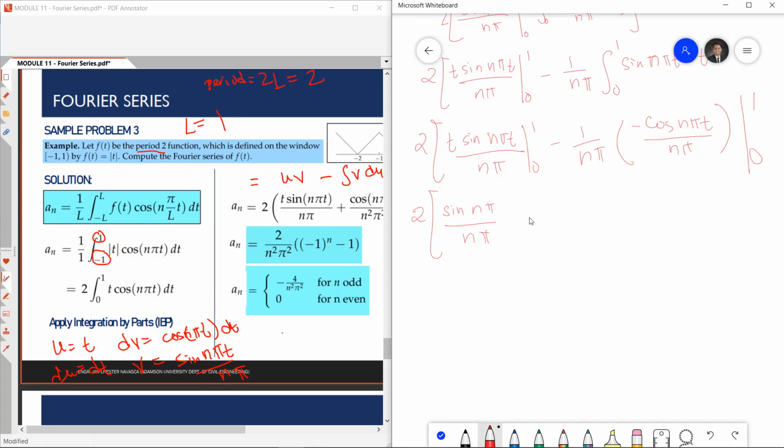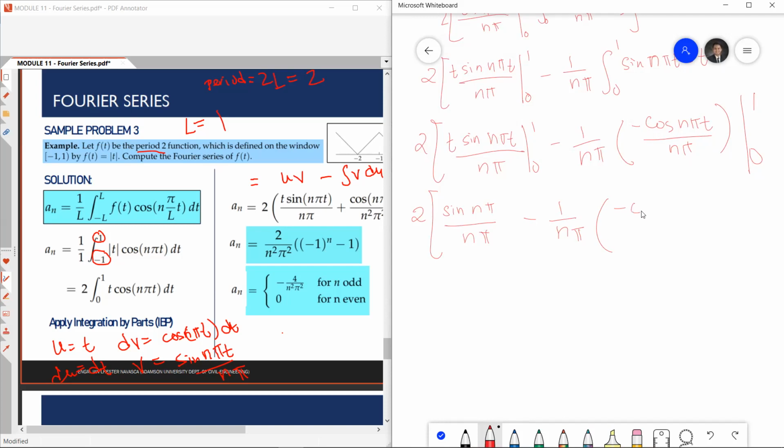Okay? Minus 1 over n pi. Okay, ano ba yung negative cosine n pi t over n pi? Substitute natin yung 1 dito sa t. Okay, if you substitute 1 sa t, that is negative cosine n pi over n pi.